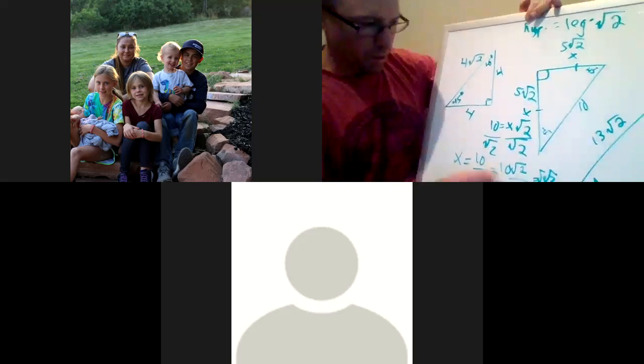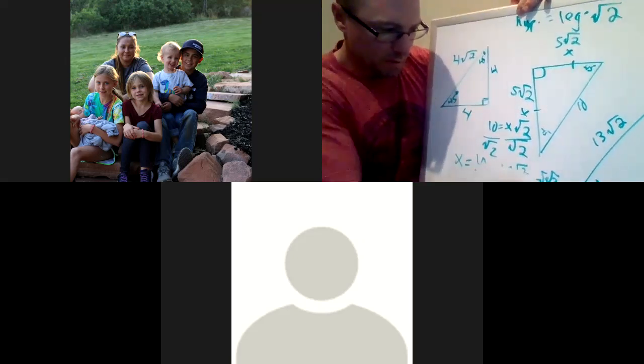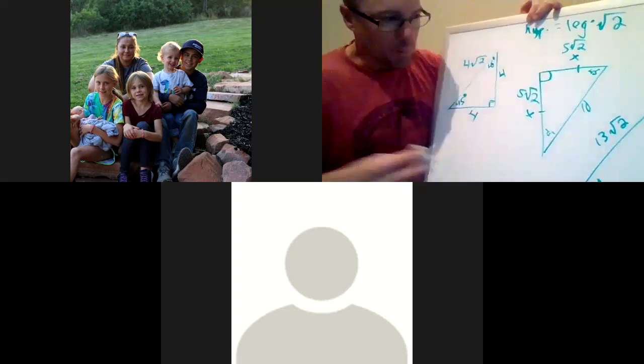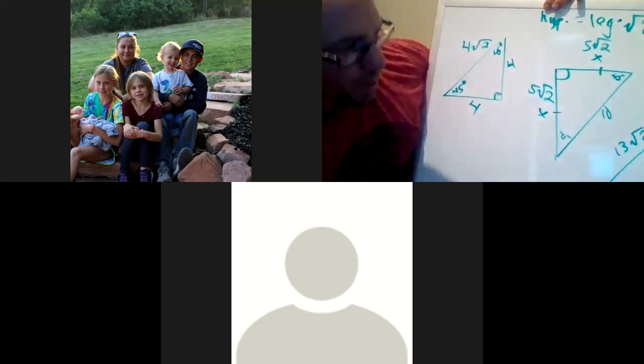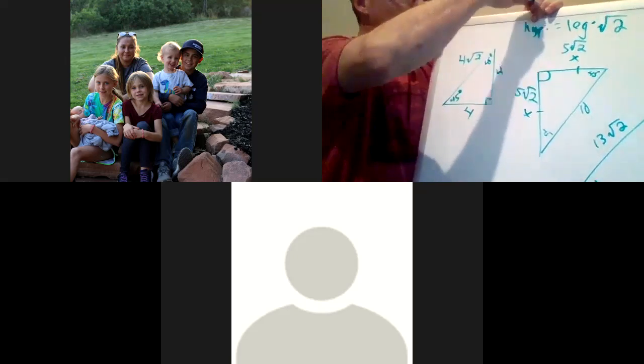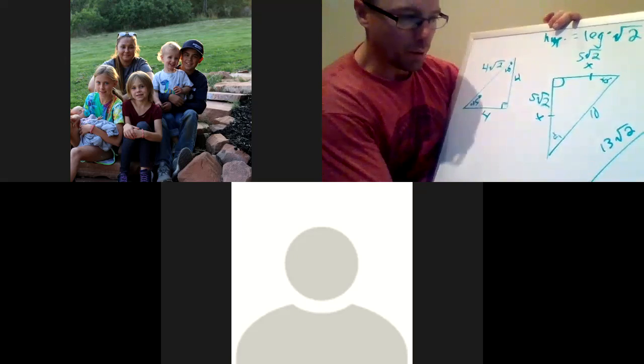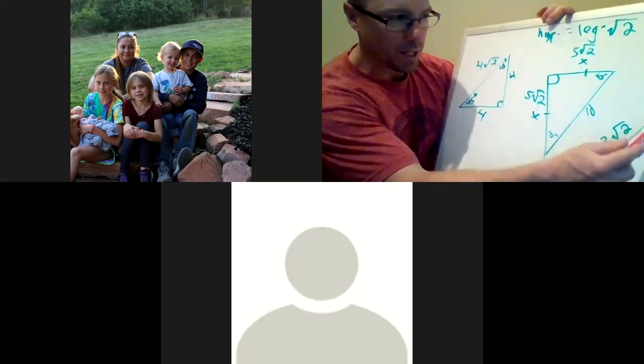Okay, my board's getting a little crazy here, so I'm going to erase it. My last one looks like it's going to be harder than the others. But if you've got a 45, oh, but I don't know that angle.